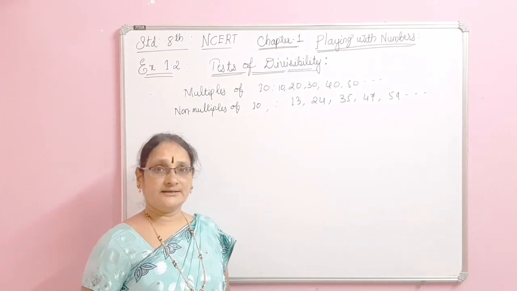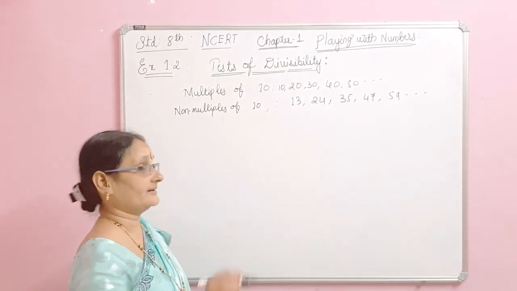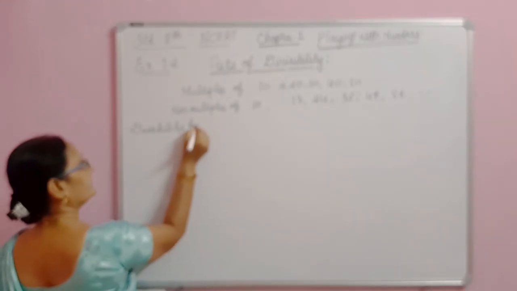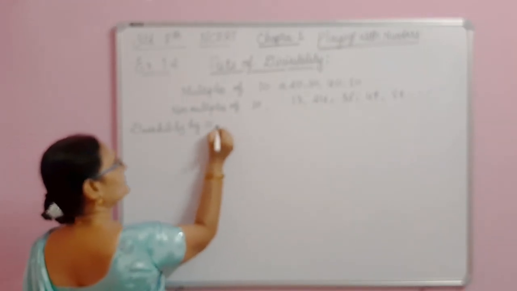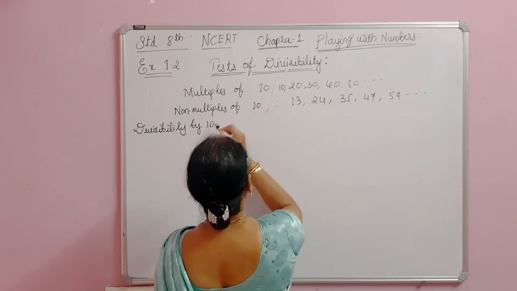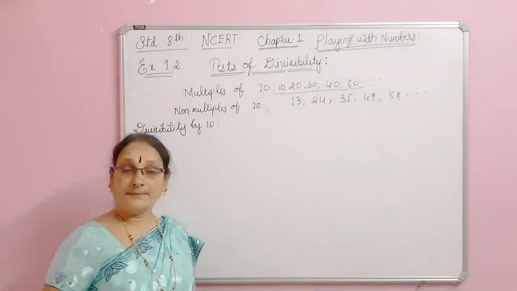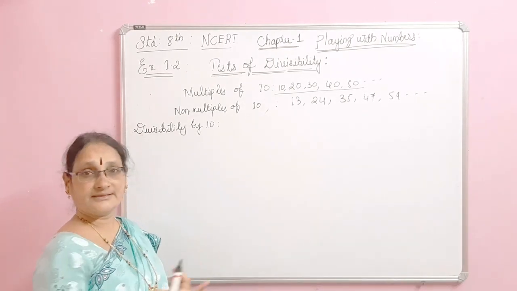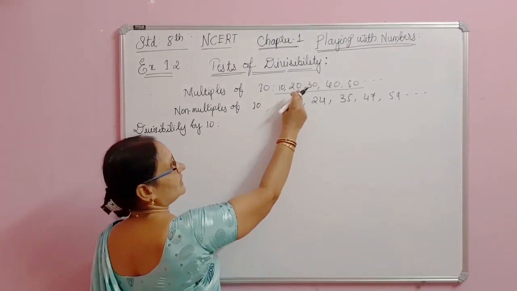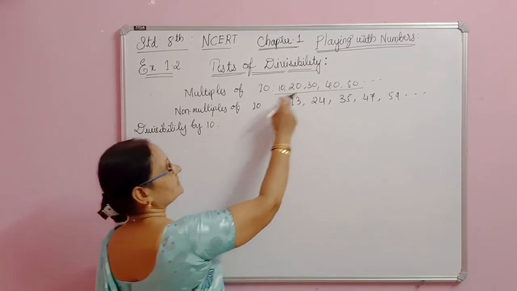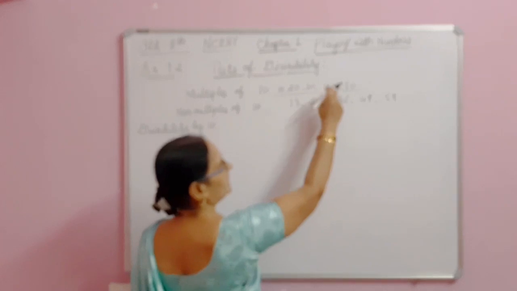When we see divisibility by 10, you observe here, the multiples of 10 are completely divisible by 10. 10 twos are 20, 10 ones are 10, remainder will be 0, 10 threes are 30, 10 fours are 40.